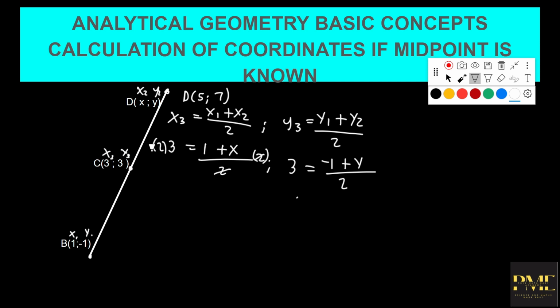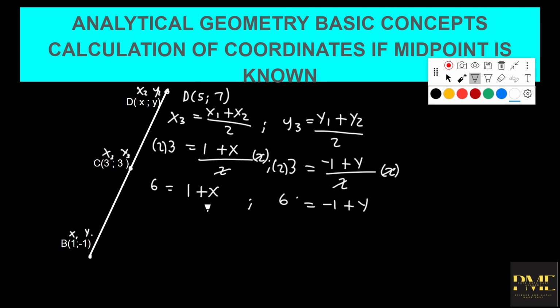So we have 2 multiplied by 3, which gives us 6, equals 1 plus x. Since it is the same here, we multiply by 2 here too, so 2 and 2 will go, leaving 2 times 3, which is 6, equals 1 plus y.